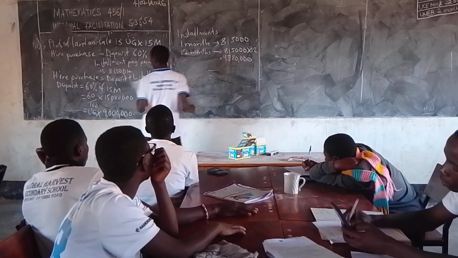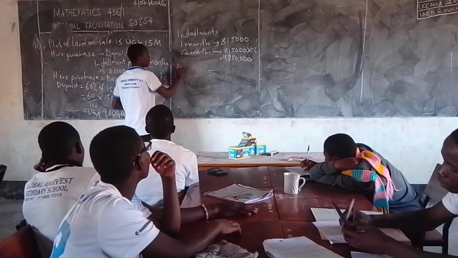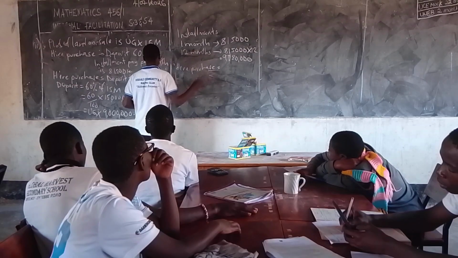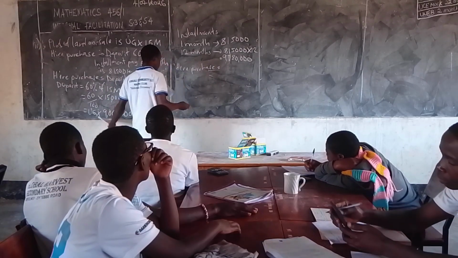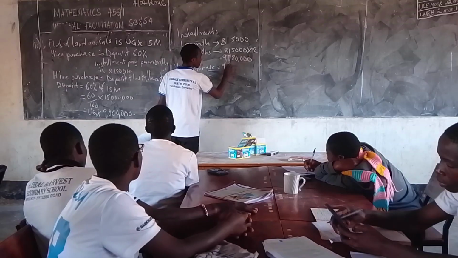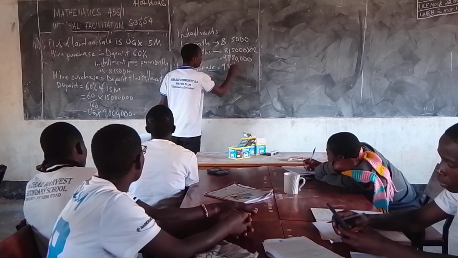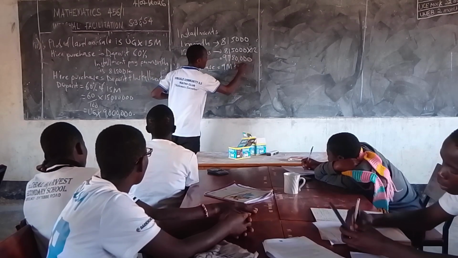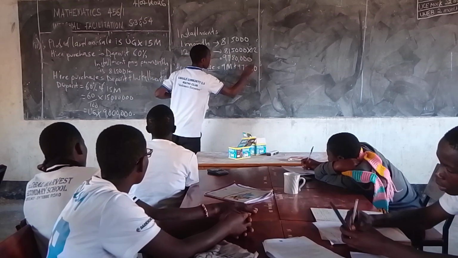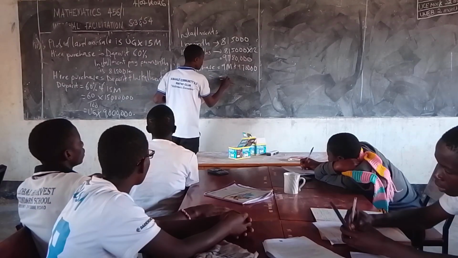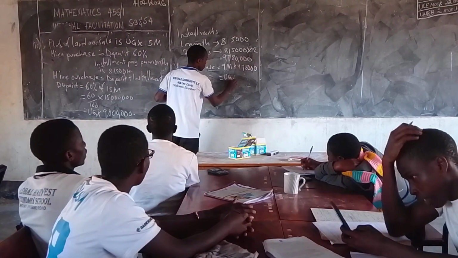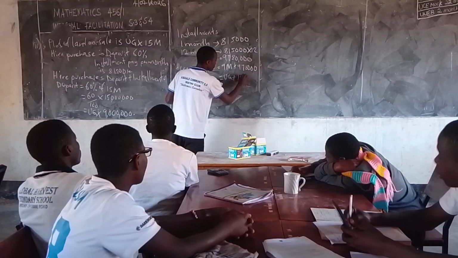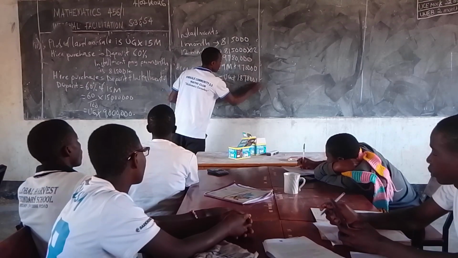Okay, so hire purchase will be what? Hire purchase, which is deposit, where our deposit is 9 million, 9M plus the installment, giving us 18 million 780,000.